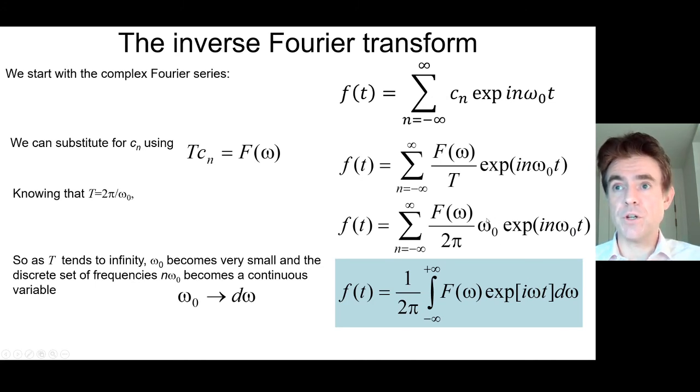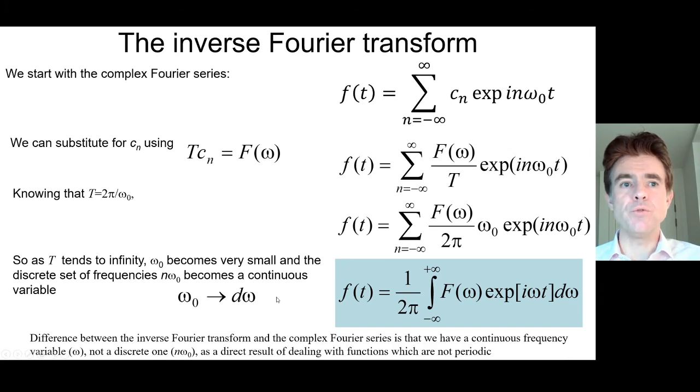Then also we've got an original omega 0 still here, and that also becomes an infinitesimally small element d omega as part of this integral equation. And then we have this scaling factor 1 over 2 pi in the front. So that is how we get the expression for the inverse Fourier transform.